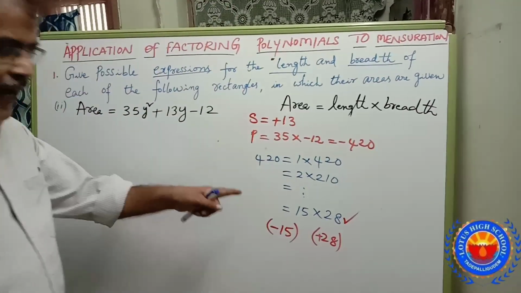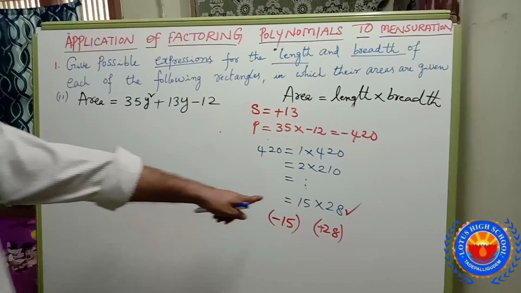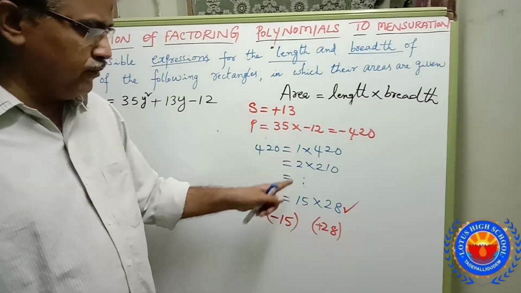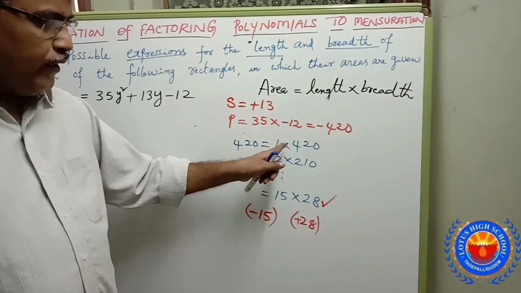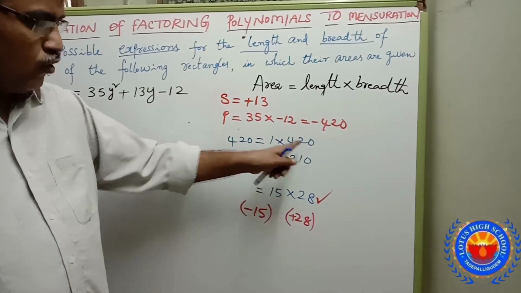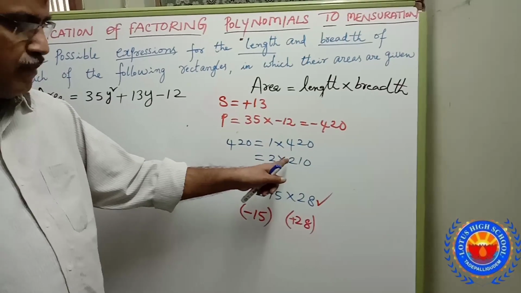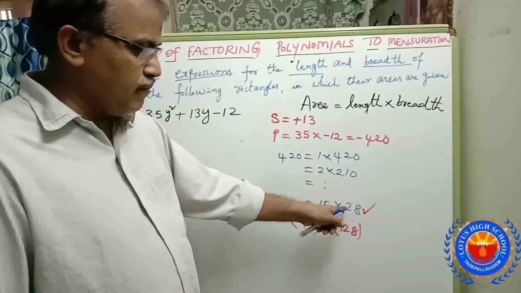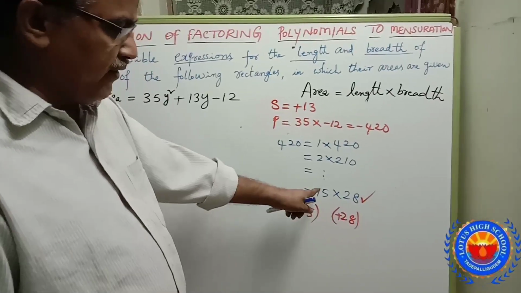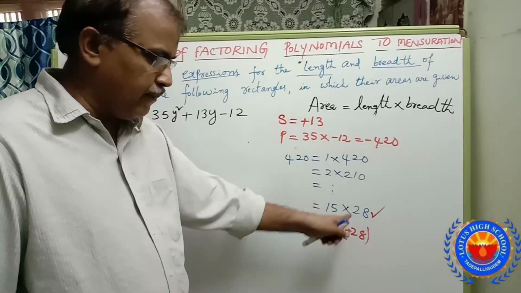You know, plus or minus 1 into plus or minus 420, plus or minus 2 into plus or minus 210, like that, plus or minus 15 into plus or minus 28. Here I have taken minus, here I have taken plus.